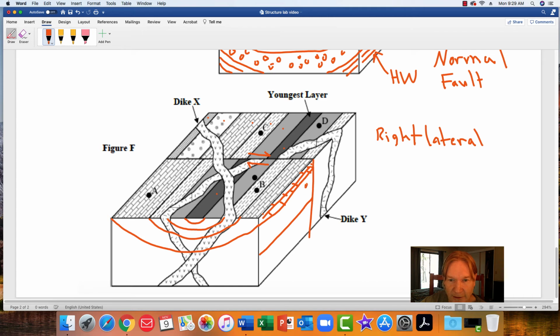And then here is my polka dot layer again, right here. And I can continue this on the front of the diagram. Here's my polka dot layer. And right above it is the brick looking layer.